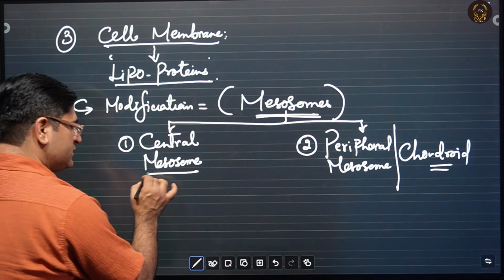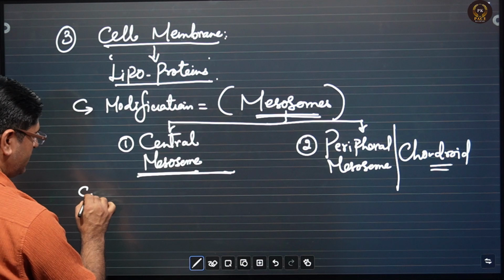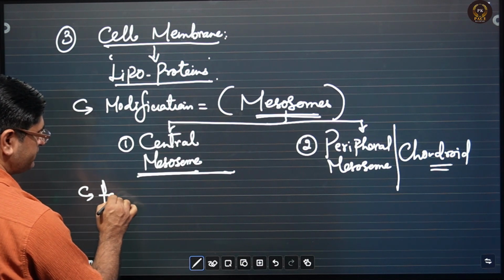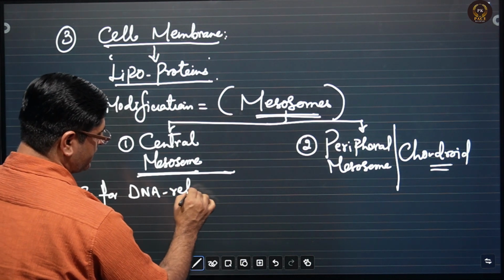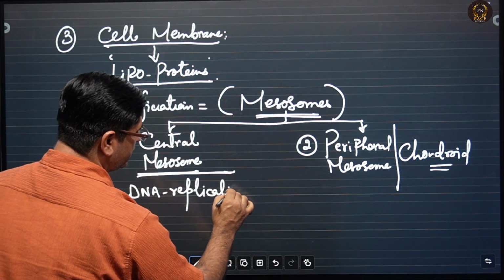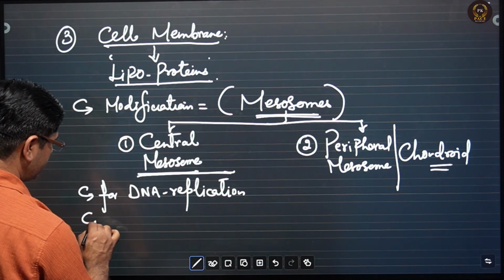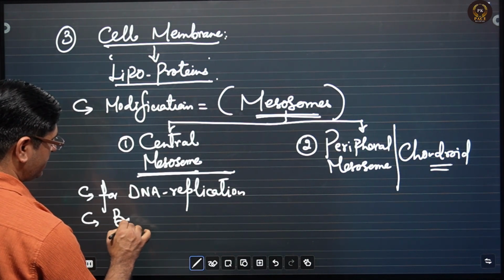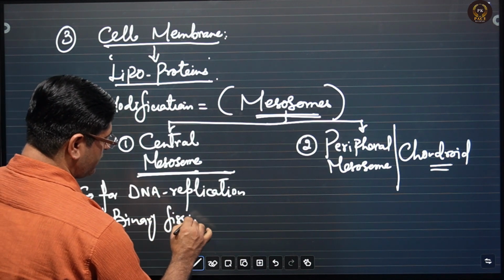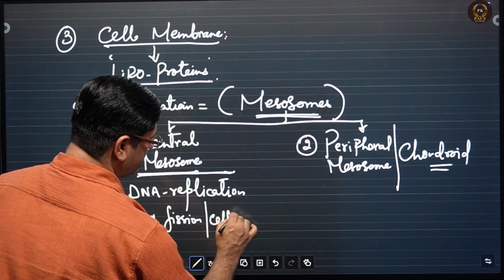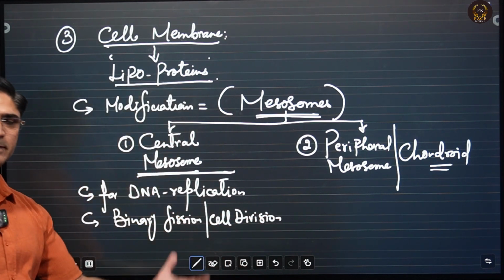Functionally, the central mesosome is mainly responsible for DNA replication of the bacterial cell, and it helps in binary fission or cell division.